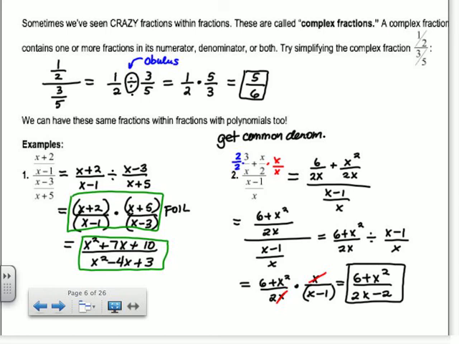Okay, I do want to show you one shortcut for that. So do you guys see all that? Here's your shortcut. I'm going to write it up here in this corner because it's very short. Okay, so if you have 3 over x plus x over 2, all divided by x minus 1 over x.